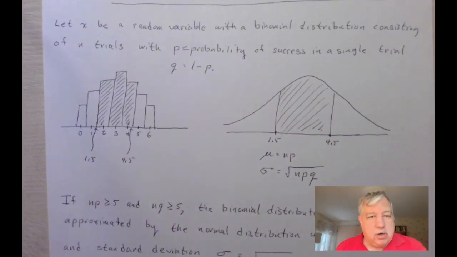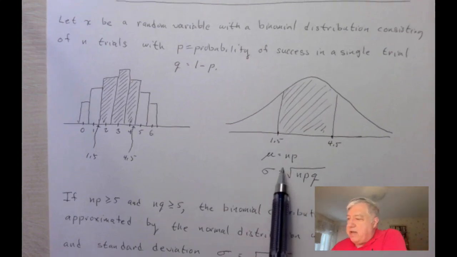Now, if we look at the corresponding area under a normal curve with these same boundaries, with the same mean and standard deviation as the binomial distribution, then maybe that might work as well.